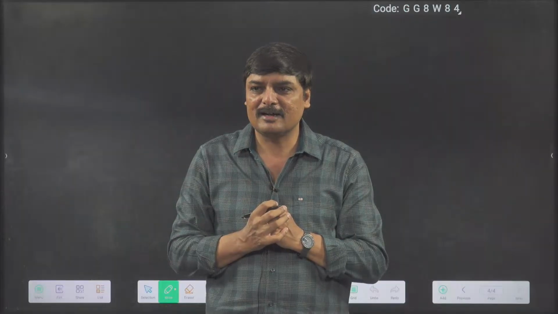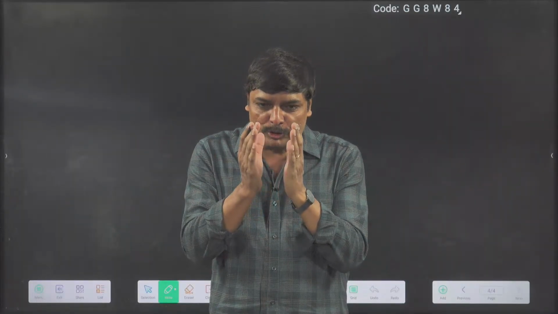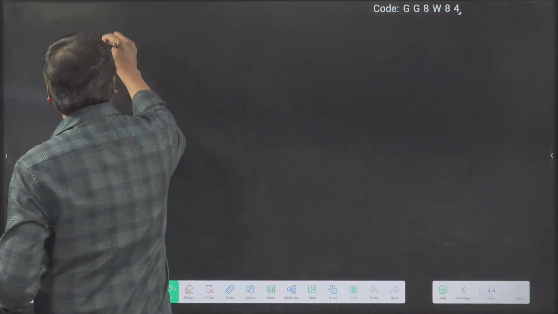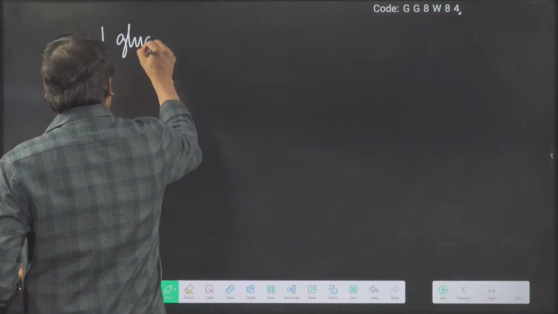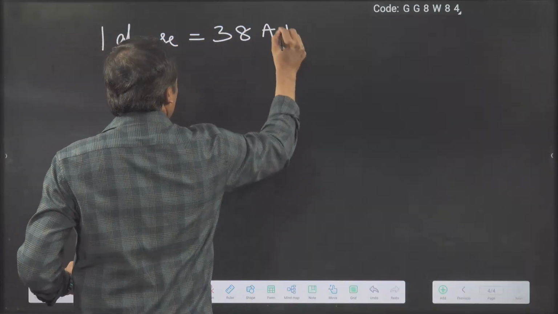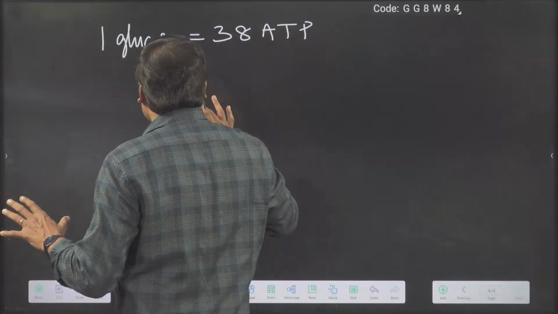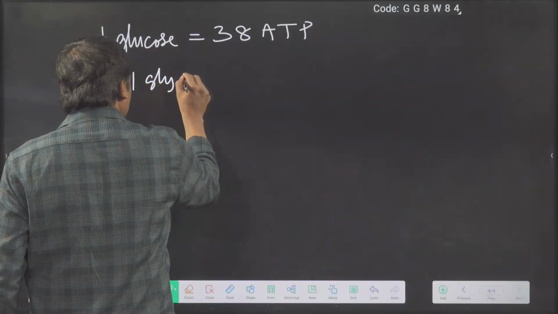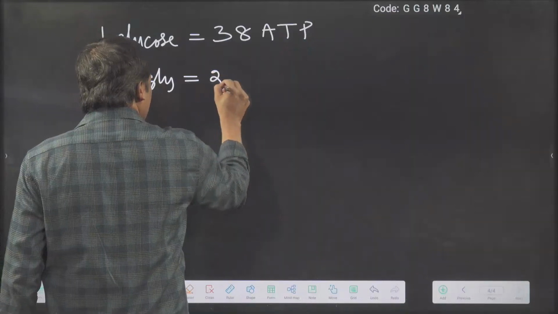Understand? So, I told you that one glucose molecule produces 38 ATP in aerobic respiration. Correct? So far, in glycolysis, the net gain of ATP is only 2.